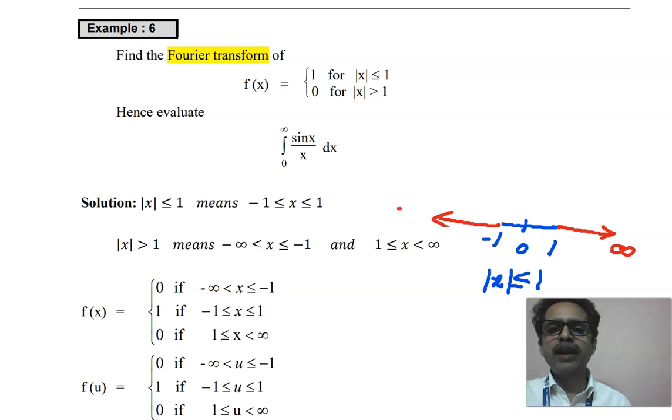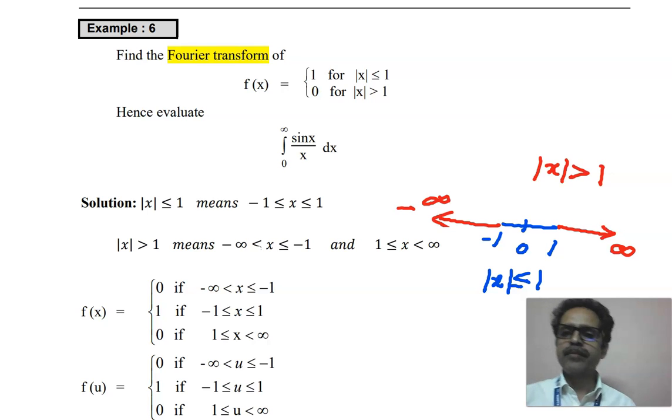So this is from minus infinity to minus 1. So mod x greater than 1 means this kind of portion, from minus infinity to minus 1 and from 1 to infinity. Now here 1 is not included, while 1 is included in this interval.